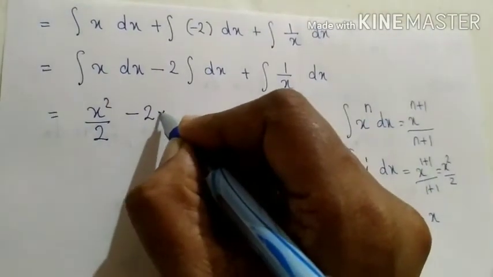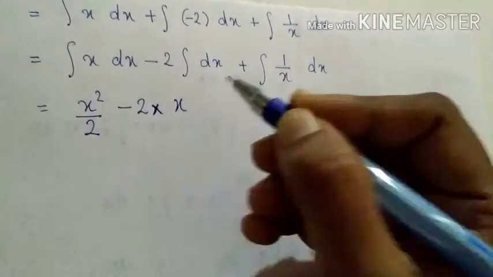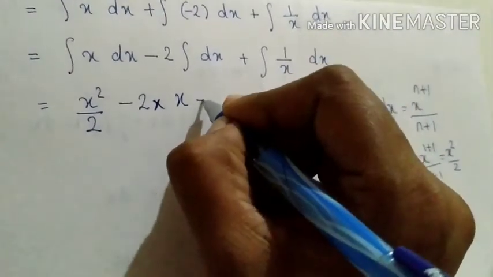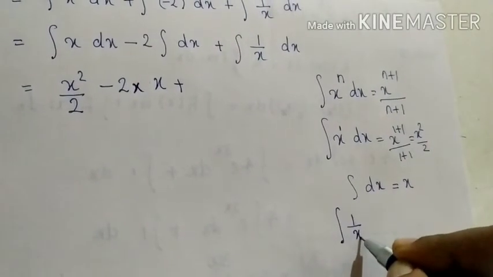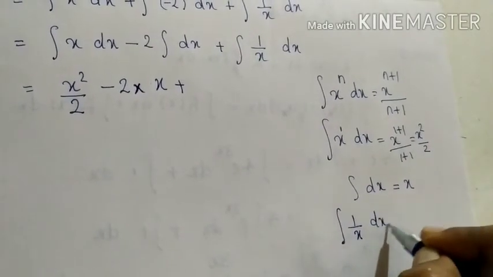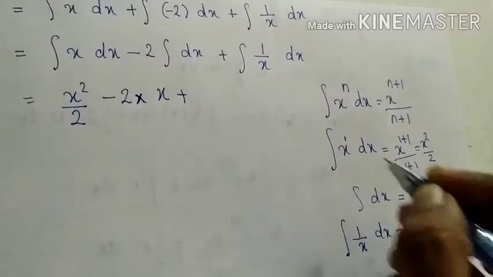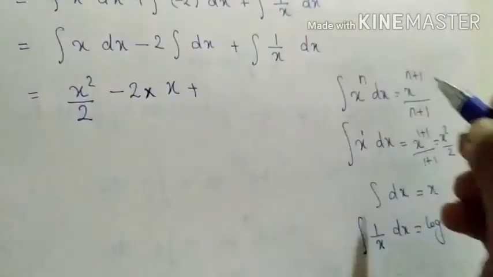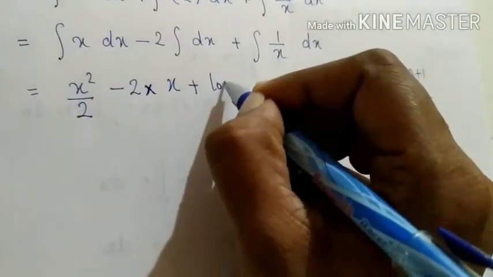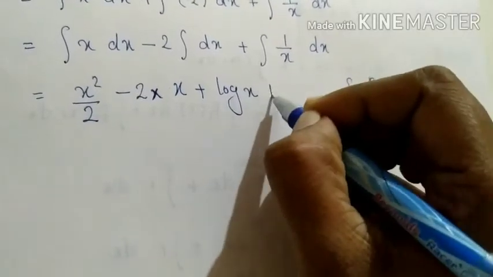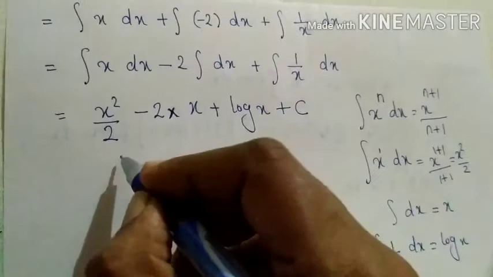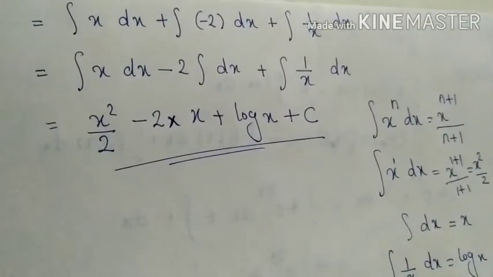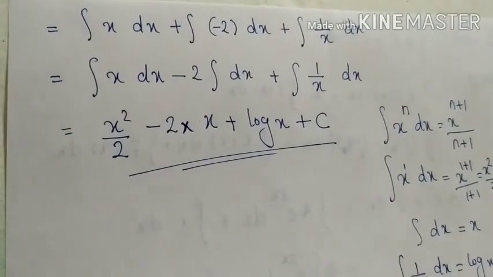So next I'm going to write x here, plus, and again we know that the integral of 1/x dx is log x. So replacing the integral of 1/x dx with log x, and finally plus c, a constant. Okay, so this is our answer. I hope you understood.